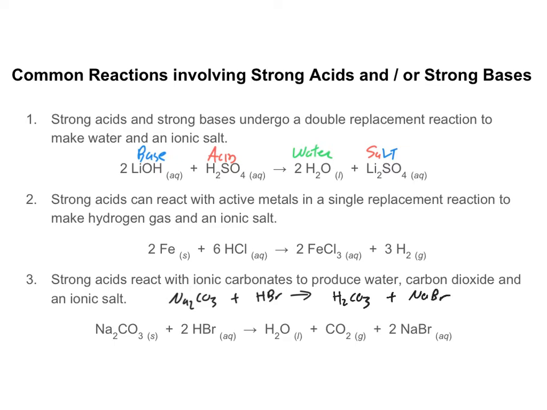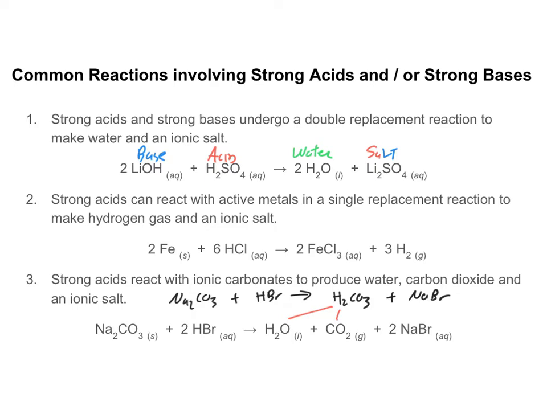The issue is that the H2CO3 doesn't actually form. That is the appropriate double replacement reaction for a strong acid and an ionic carbonate, but when the H2CO3, which is known as carbonic acid, forms, it doesn't stay as carbonic acid. It actually further decomposes into water and carbon dioxide.